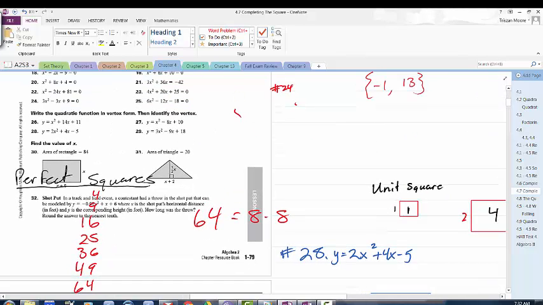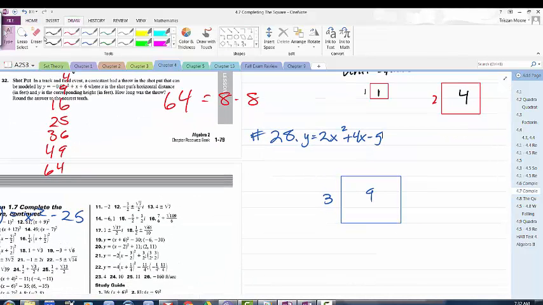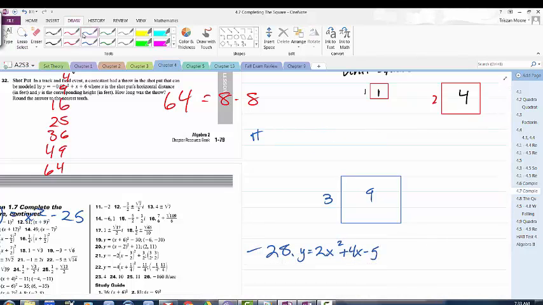And I need to place that in vertex form, right? Oh, but I didn't even know this was here. Alright, so since that's there, let's take number 28, put it down here. Let's number that.